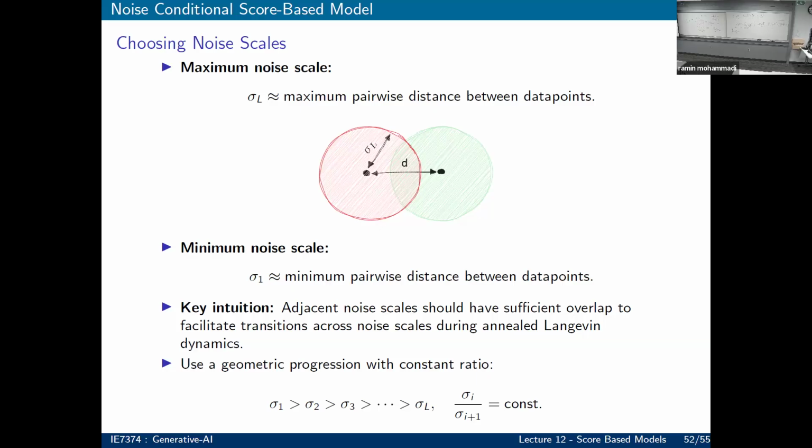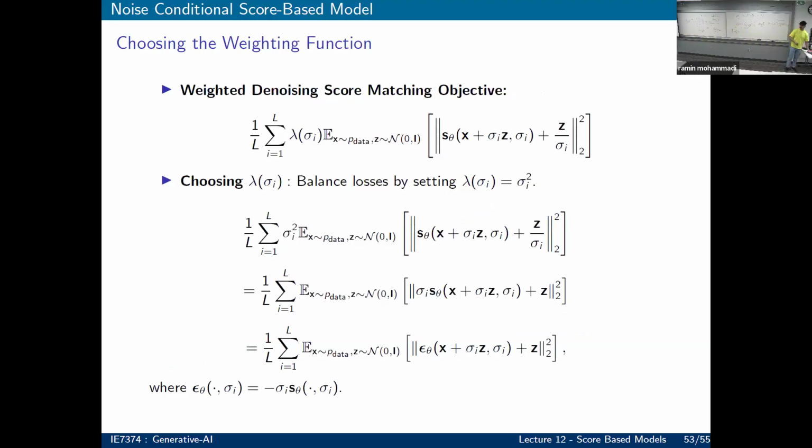But you also want to be sure that this noising has a relationship, that the ratio of one noise level over the next noise level is always constant across all the noise levels that you're adding. So you're not just randomly changing noise. That summarizes to weighted denoising score matching, which again is just the previous slide.